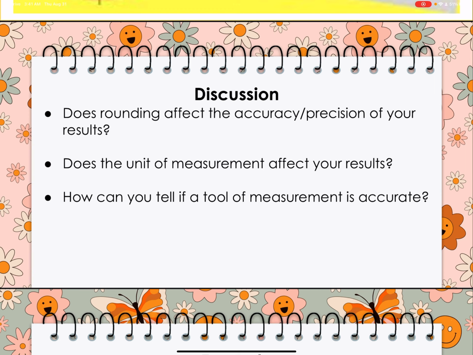Rounding does affect the accuracy and the precision. If you round too much, within the problem especially, then you're throwing your answer off even more and making it less accurate. Precision, if you round incorrectly, you can make it not precise because you can make your significant figures wrong.